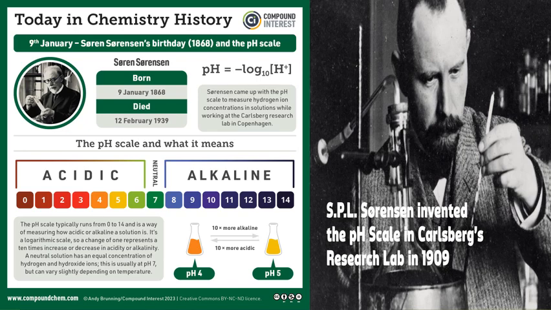So if the pH value is less than 7, then the solution must be acidic, and if the pH value is from 8 to 14, then the solution will be alkaline or basic in nature. But if the solution has pH 7, then it must be a neutral solution, just like water.